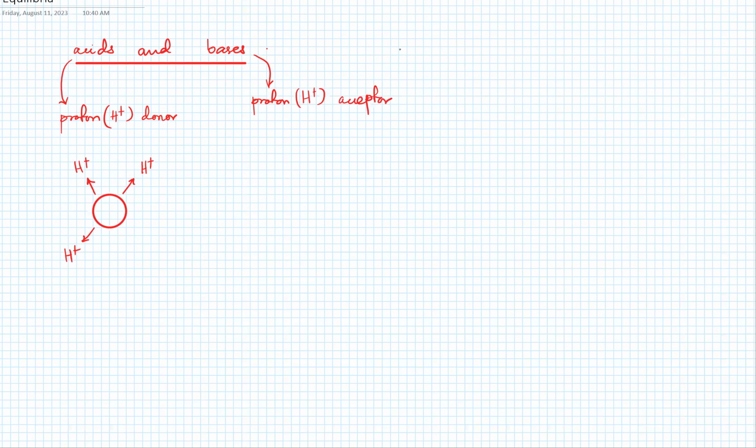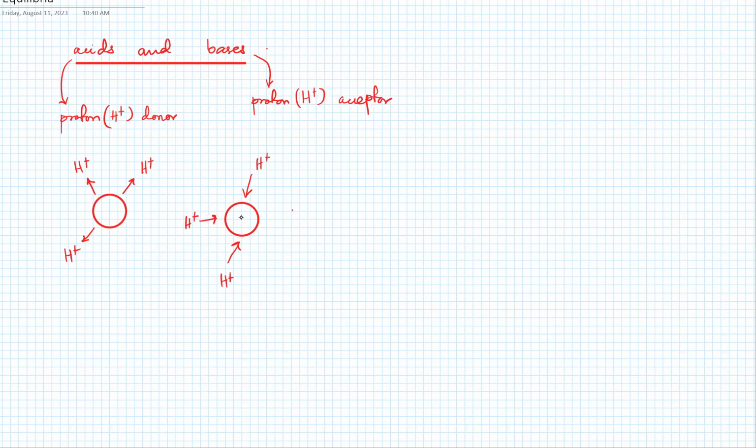A base is going to be accepting. So it's going to be any molecule that gains H+ ions. As I said, it's going to be gaining H positive ions.